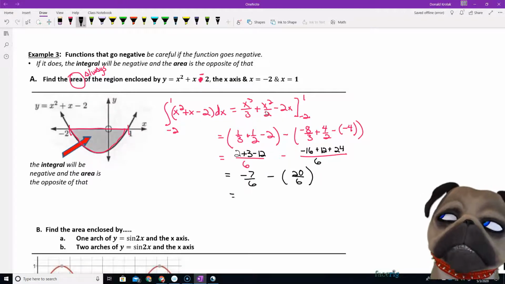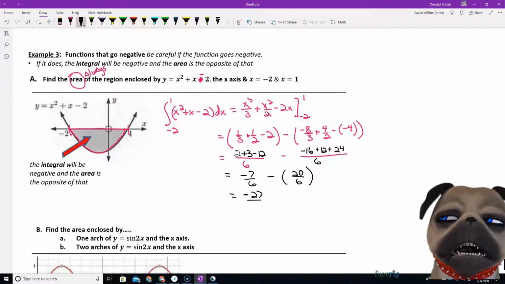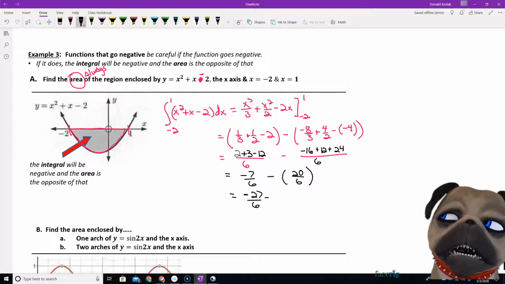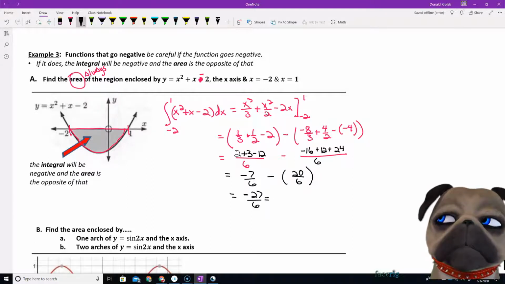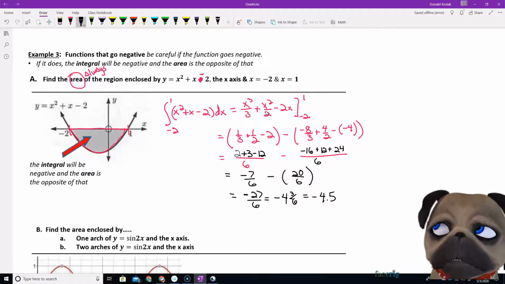And now we do that subtraction and we end up with negative 27 over 6, which would be negative 4 and 3/6, or negative 4.5. That's the integral.